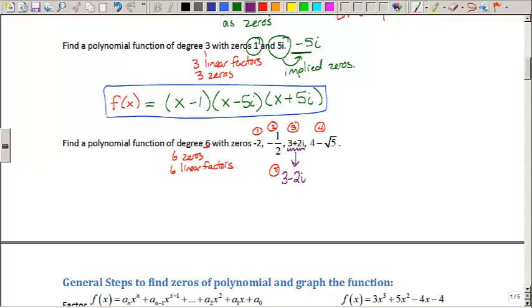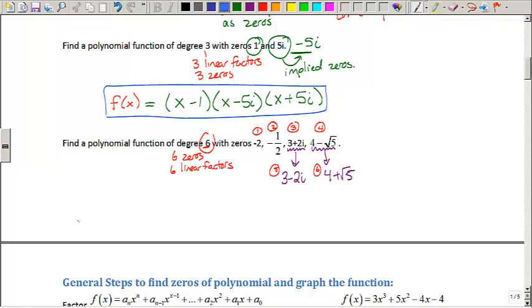Similarly, radicals will also come in conjugates, so because I have a root 5, I'll know that has an implied zero as well that comes with it, and the implied zero there is the radical conjugate, or 4 plus root 5. And that's my sixth zero. So this is a tricky problem because it only gave you 4 zeros, but it told you that there were 6 here. You had to find the other 2 knowing that they were implied.